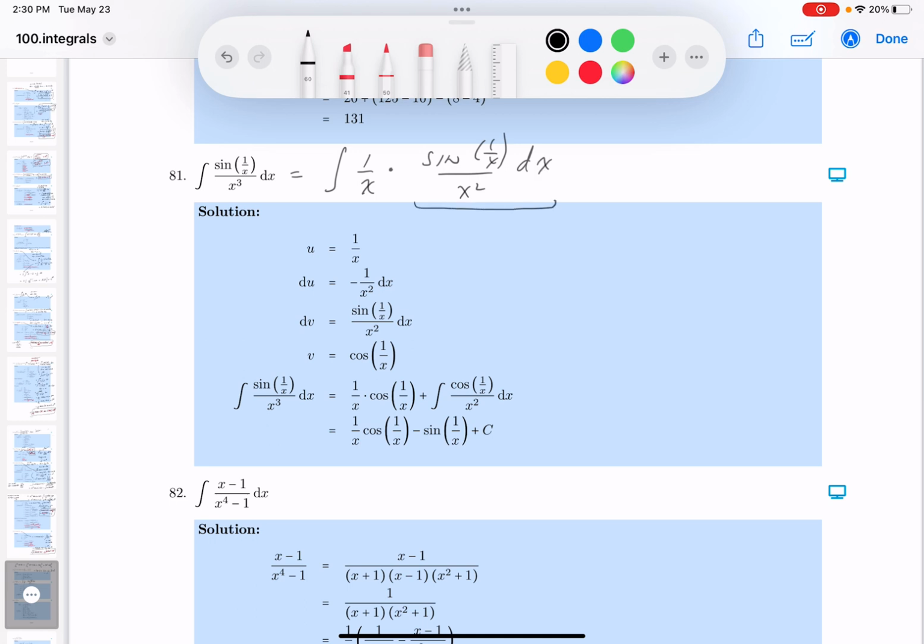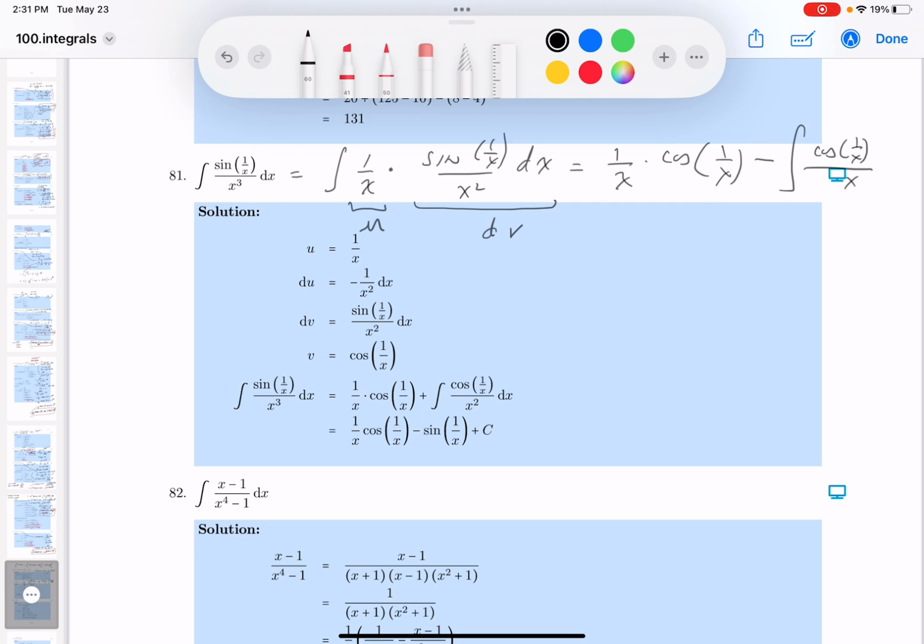I claimed that this was the dv and this was the u in the problem. Let's write this down. It's going to be 1 over x times cosine 1 over x, minus, now it's going to be the v du. And what do you get there? You get cosine 1 over x, and the u is 1 over x, and then a dx.